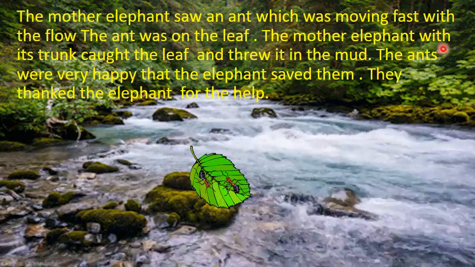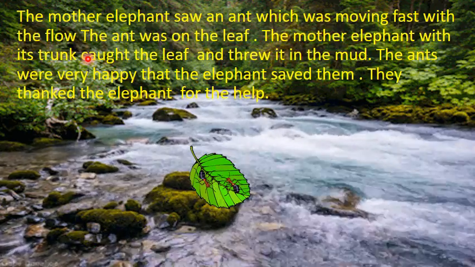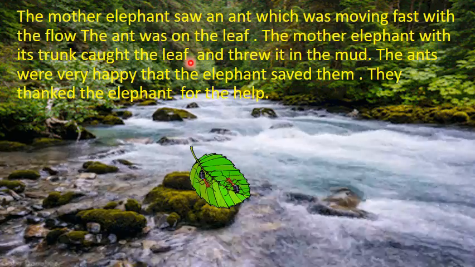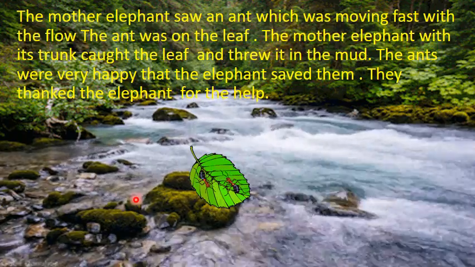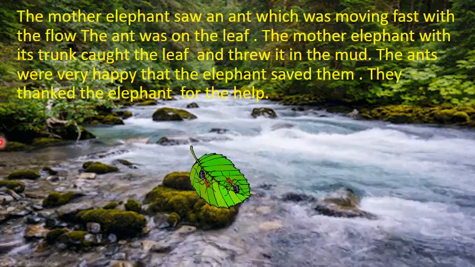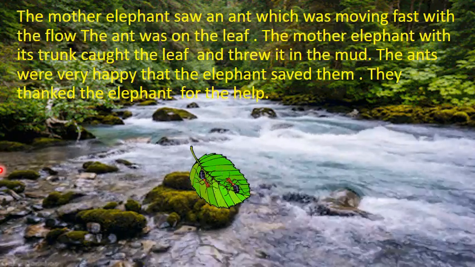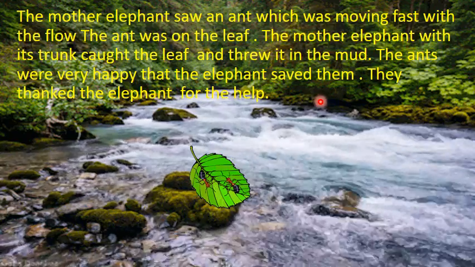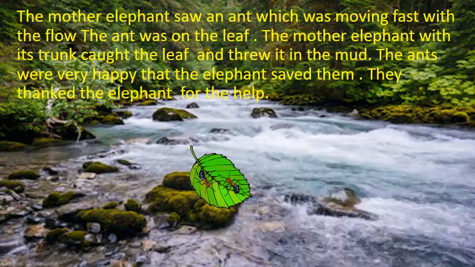Immediately, the mother elephant, with its trunk, caught the leaf and threw it onto the stone, and then onto the mud. The ants were very happy that the elephant saved them. They thanked the elephant for the help. Thank you, elephant. Thank you very much.